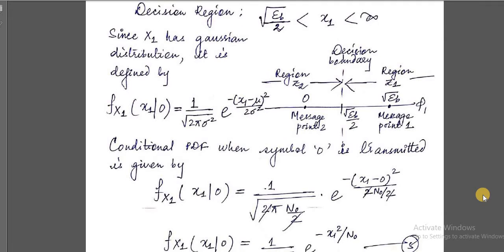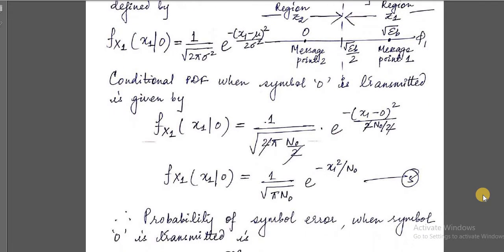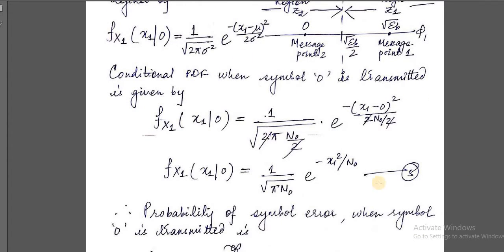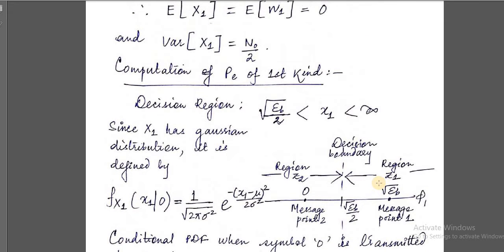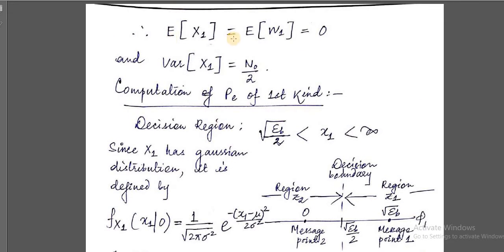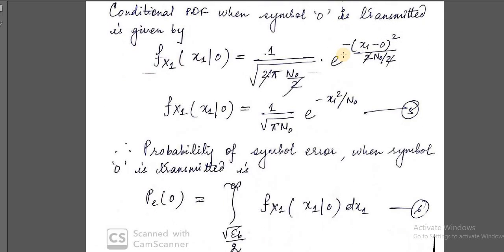So this is a generalized expression; let me put in the values of mean and variance we have derived earlier. We got the mean of x1 as 0 and the variance of x1 as n0 by 2. I substitute these two values in this expression of conditional probability.